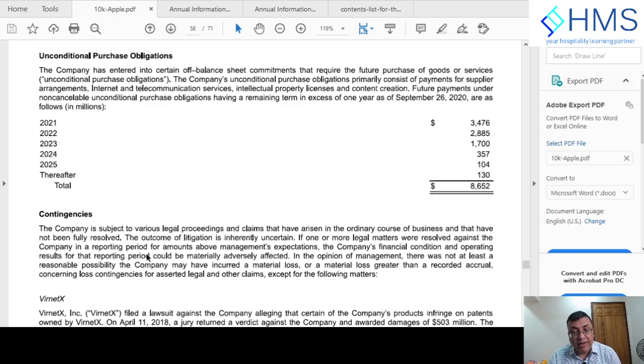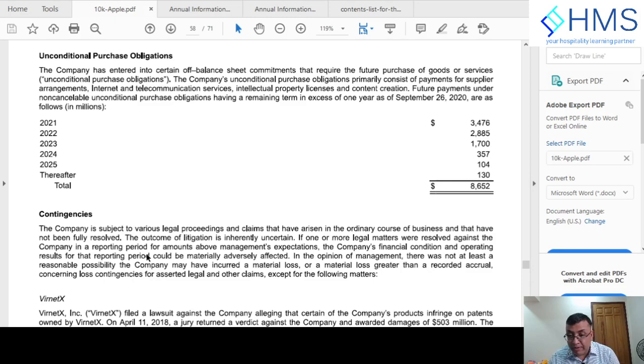Then you have unconditional purchase obligations. So you have entered into off balance sheet commitments that require future purchase of goods and services. The company's unconditional purchase obligation primarily consists of payments for supplier arrangements, internet and telecommunication services, and intellectual property licenses.